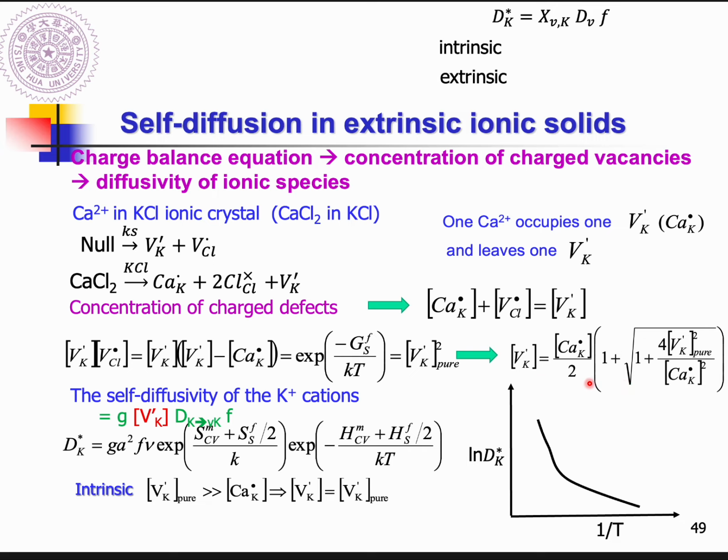So VK prime will be equal to VK prime pure. So it means after dopant, the vacancy at potassium site remains the same as before dopant. Before and after dopant, VK prime remains constant, which means the concentration of dopant is quite small.